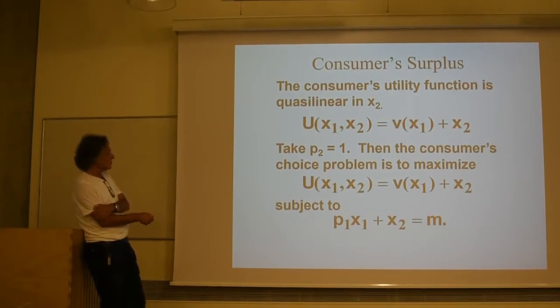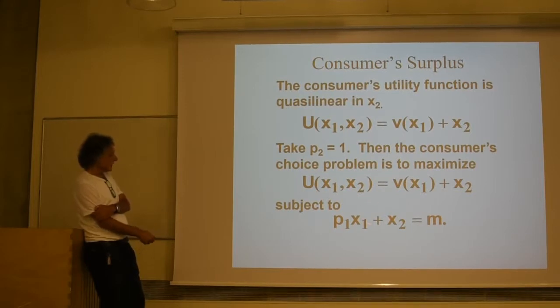Then the consumer's choice problem is to maximize this utility subject to the budget constraint. But x2 is m minus p1 x1. So I can substitute and put here m minus p1 x1.